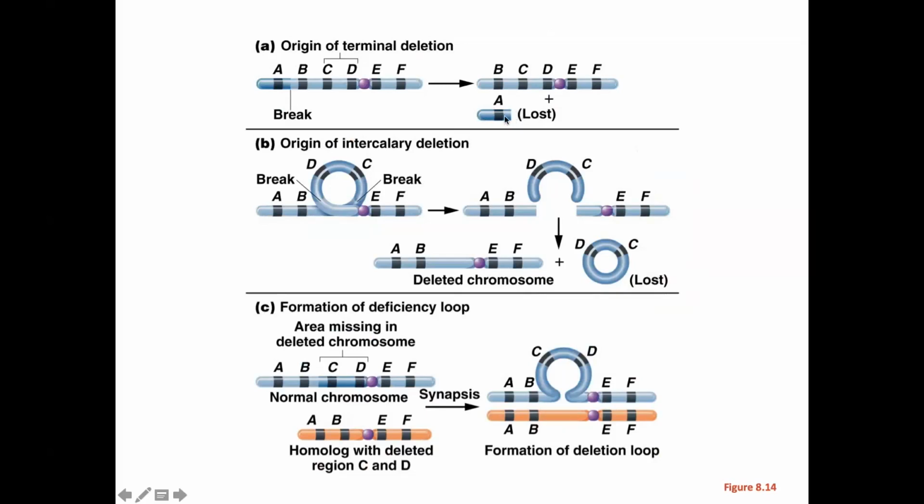So what's going to happen if that cell tries to divide, let's say mitotically? Well, the A-containing fragment does not contain a centromere, and therefore it cannot attach itself to a spindle apparatus, and therefore cannot segregate normally during the mitotic anaphase.